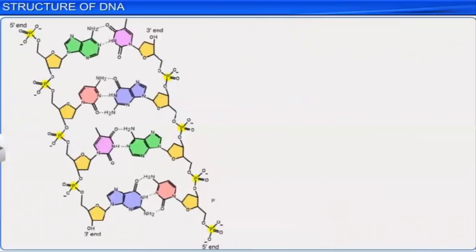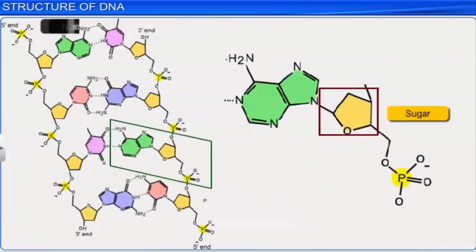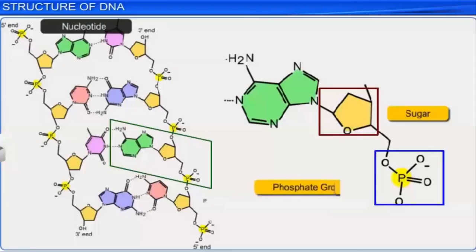Conversely, depending on the sugar present, a nucleotide or a deoxynucleotide is formed when a phosphate group is linked to the nucleoside. Okay, when we say nucleosides, there are three components.